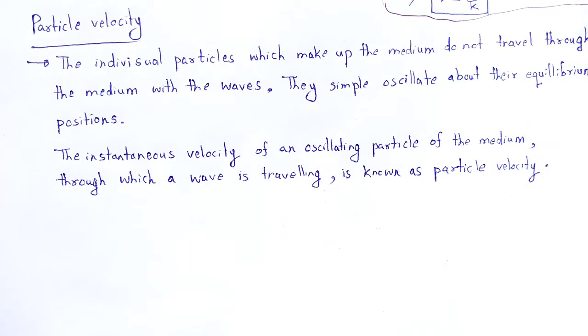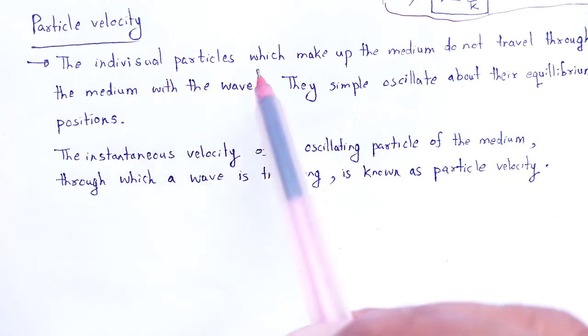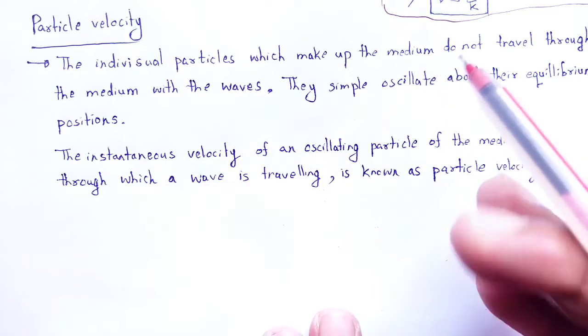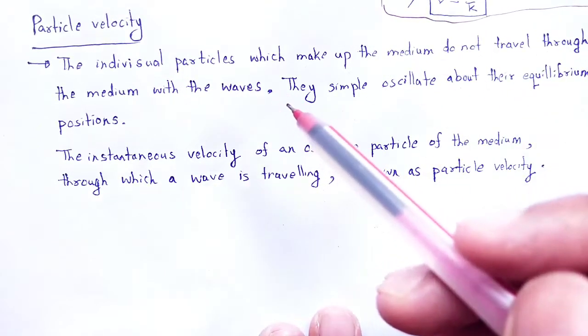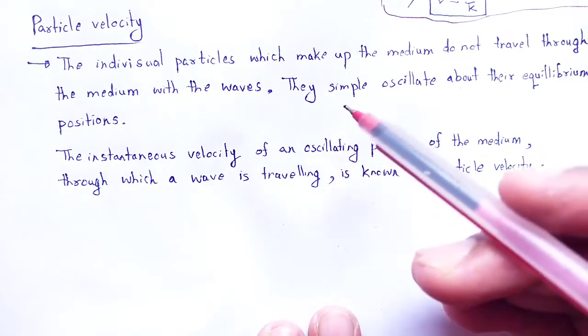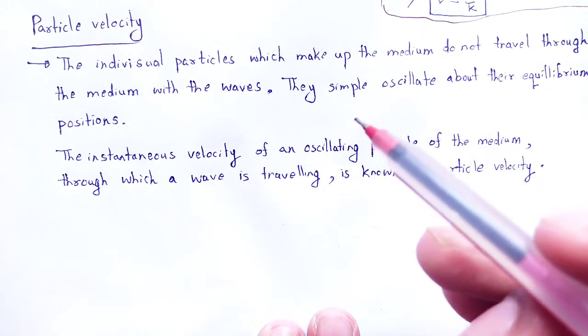In a wave motion, as we consider the propagation of the wave, the particle stays at its own position and does not travel. The individual particles which make up the medium do not travel through the medium with the waves; they simply oscillate about their equilibrium positions.